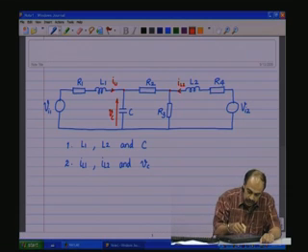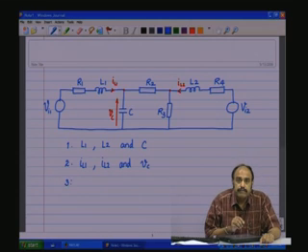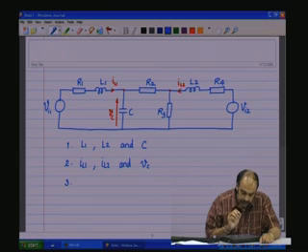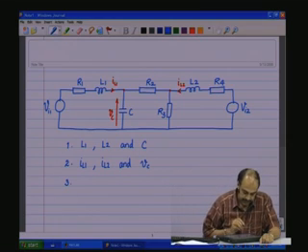Now, the third step in our process of obtaining the mathematical representation of this circuit is we take the dynamic elements or the energy storing elements one by one and try to solve the equations around them.